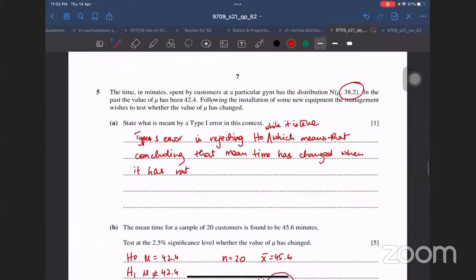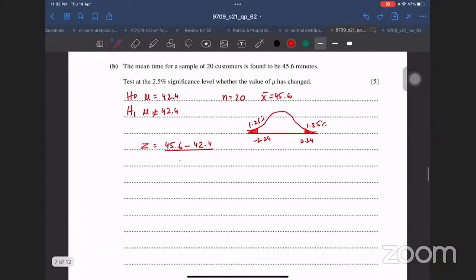Sigma squared is 38.2. 45.6 minus 42.4 divided by root of 38.2 over 20, that's 2.31.